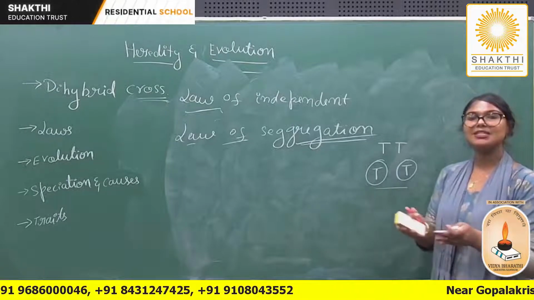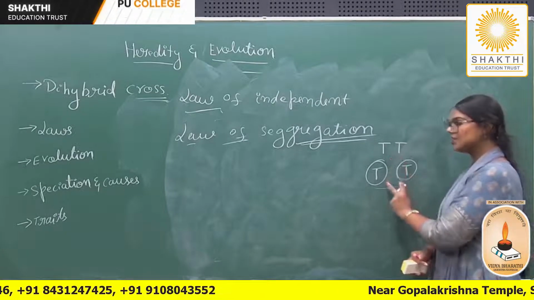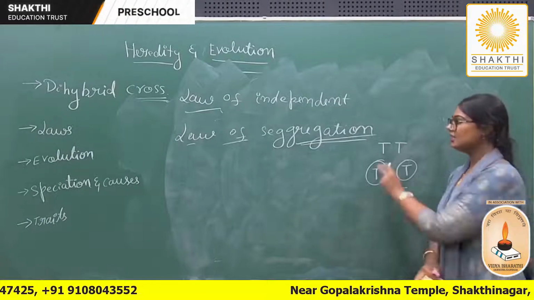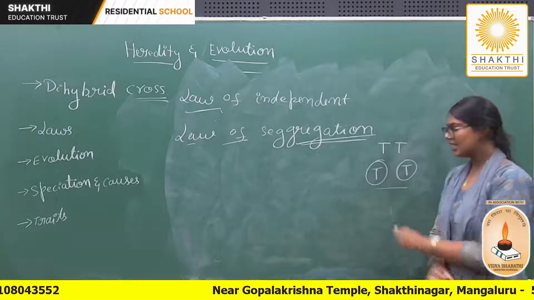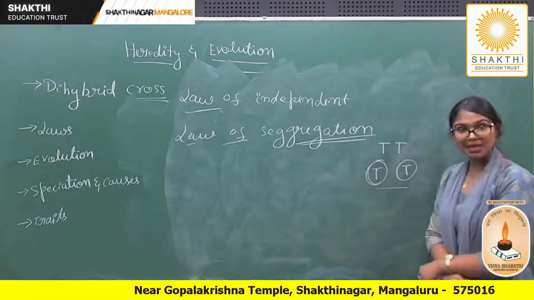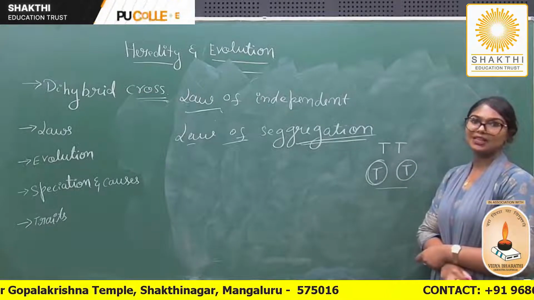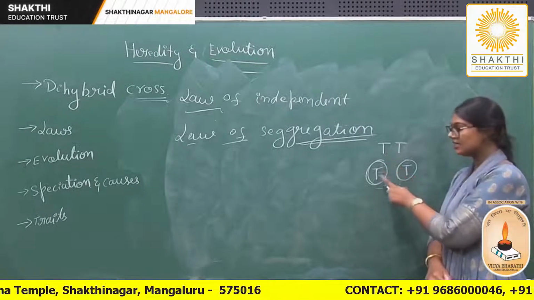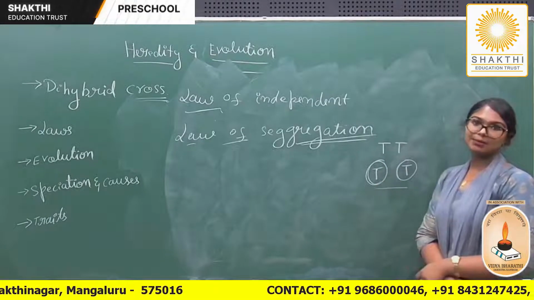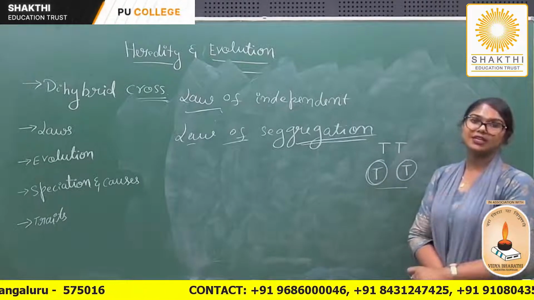Segregation is nothing but separation. So the 2 T's are separating here. That is why these are nothing but genes and the circles are gametes. So the genes are separating in such a way that only one gene is entering one gamete. That is the law of segregation.